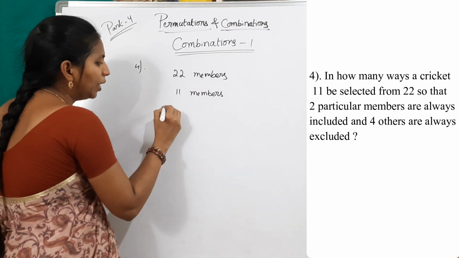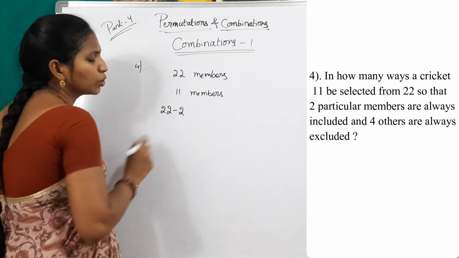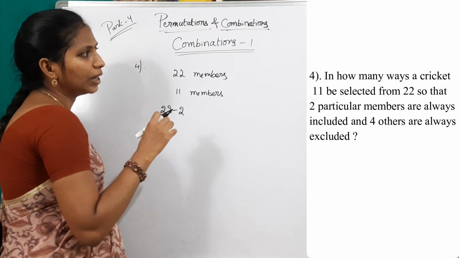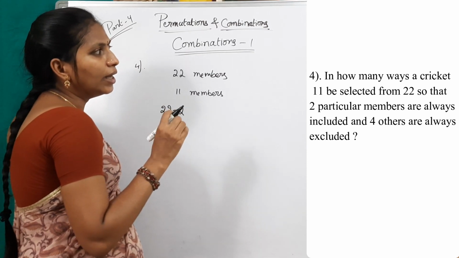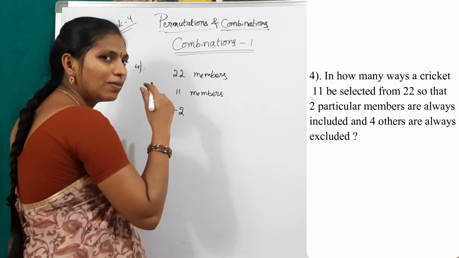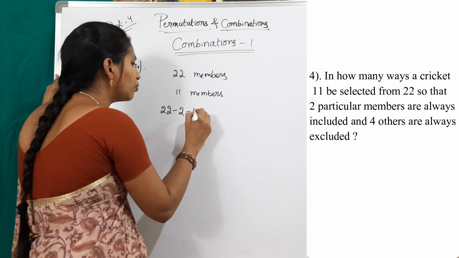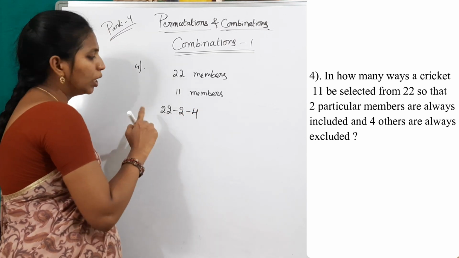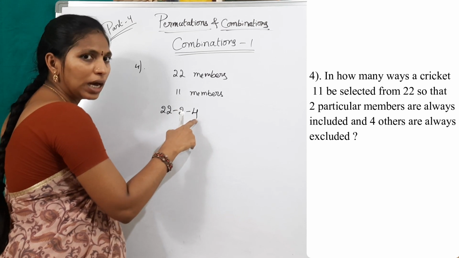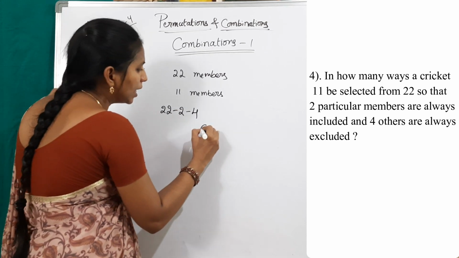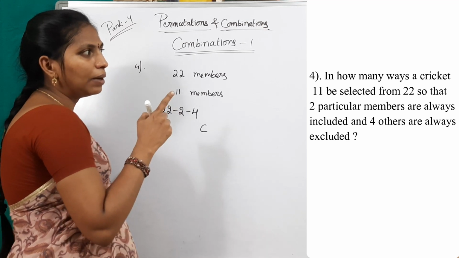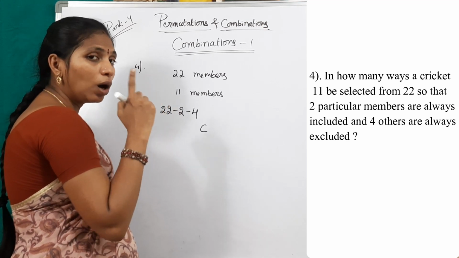So, 22 minus 2 because 2 members are selected, included, and 4 others are always excluded, which means subtract 4 from these 22. 22 minus 2, these 2 are included, and these 4 are excluded, C. And here included people means they are already selected.